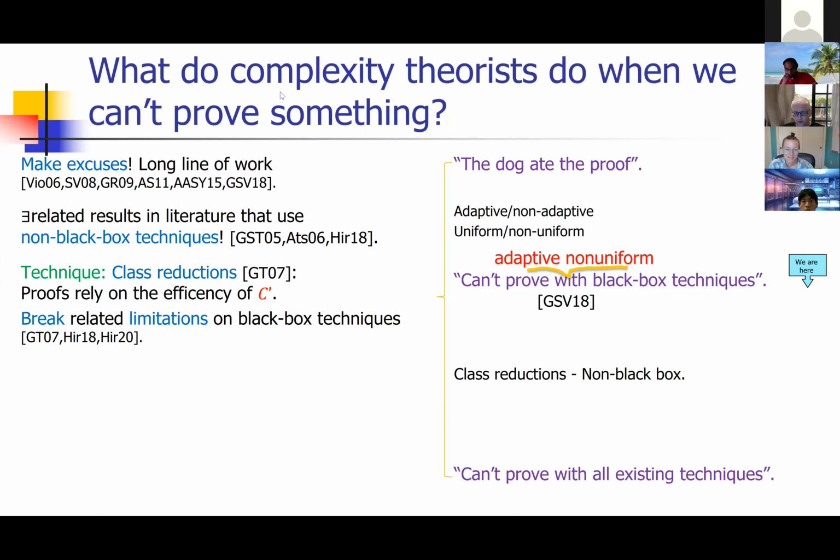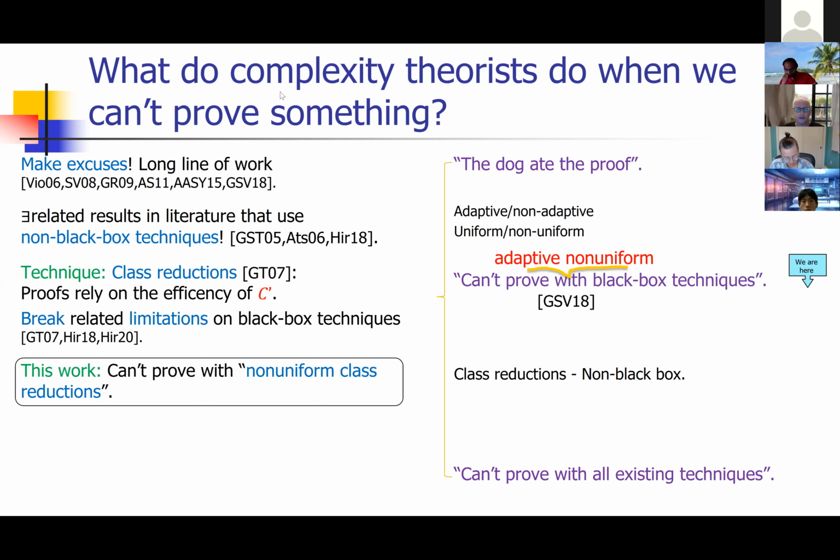improve the excuse. So in this work, we improve the excuse, and we say we can prove impossibility results even for class reductions and even for a strong flavor of class reductions called non-uniform class reduction. And the main contribution here in my mind is that we can prove impossibility results even for some non-black box techniques.